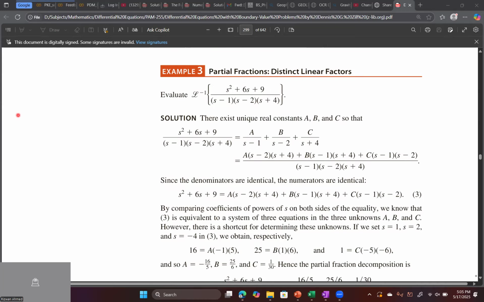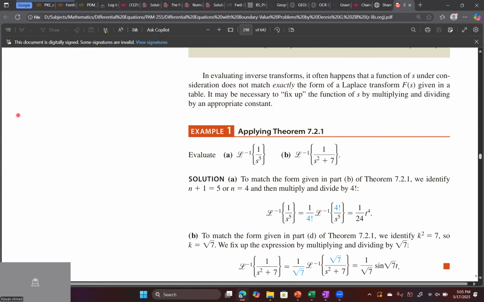So the partial fractions can be developed: A over s minus 1, B over s minus 2, and C over s plus 4. These structures are familiar structures for computing the Laplace transform, which gives exponential functions.